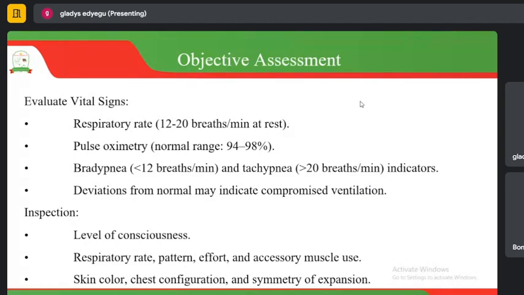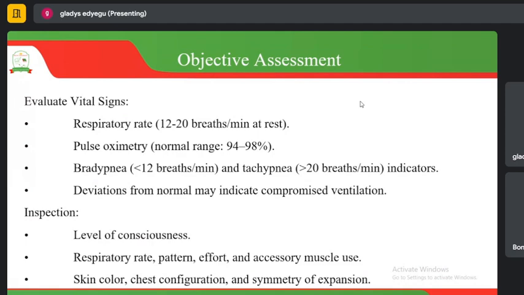For objective data in relation to inspection, you also have to assess the level of consciousness of your patient, and you can gauge whether the patient is conscious, unconscious, or semi-conscious, just through inspection. Then also the respiratory rates and pattern: you can look at whether they are regular or irregular.